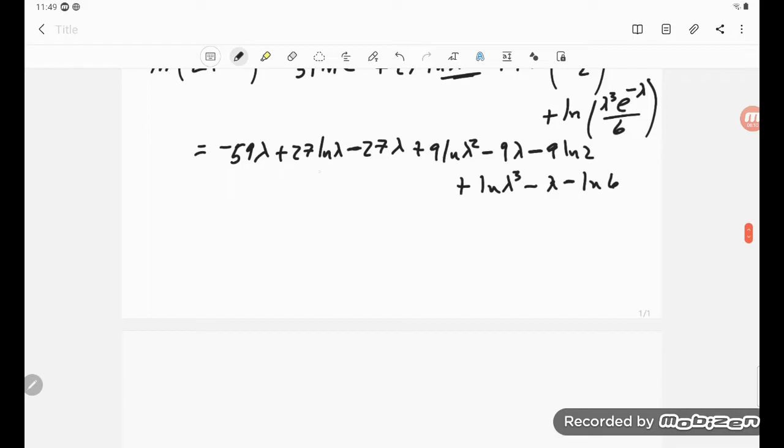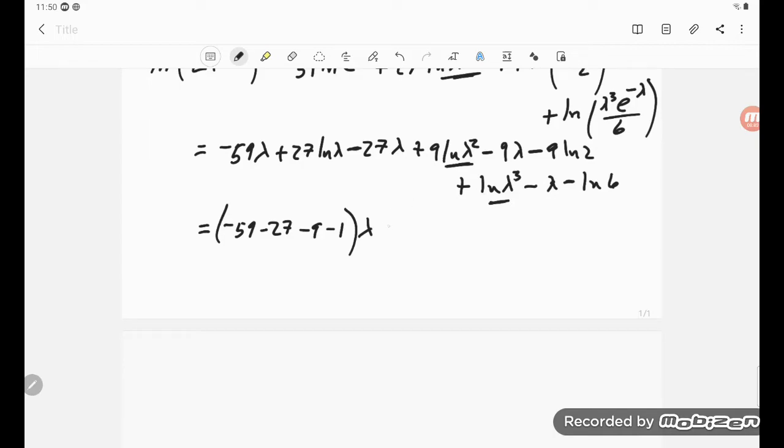Okay, now I can simplify this a bit, and this becomes minus 59 minus 27 minus 9 minus 1, all times lambda. And then we have these natural logs of lambda. Now this one I could bring the 2 down in front, make that 2 times 9. Here I can bring the 3 down in front, make it 3 times 1.